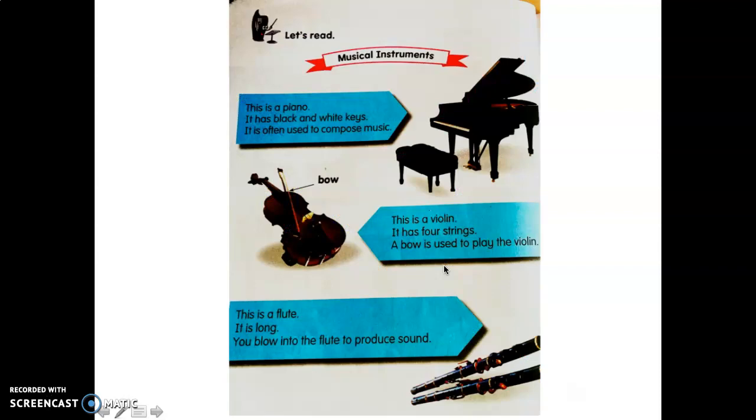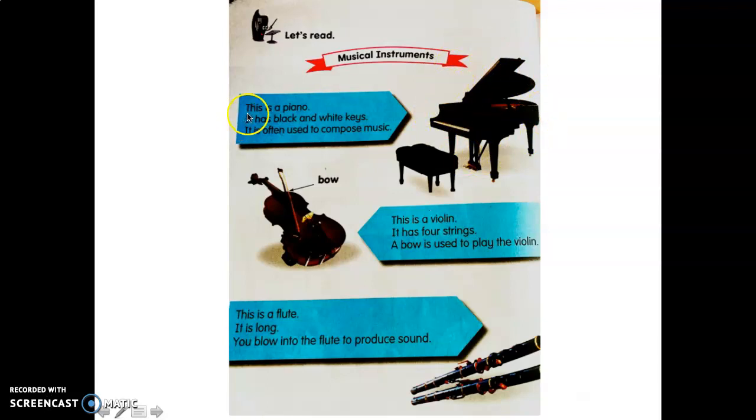Okay, next. Okay, let's read. Okay, mari kita baca musical instruments. Iaitu alat muzik, alatan muzik, musical instruments. Okay, look at here. Yes, this is a piano. What is this?